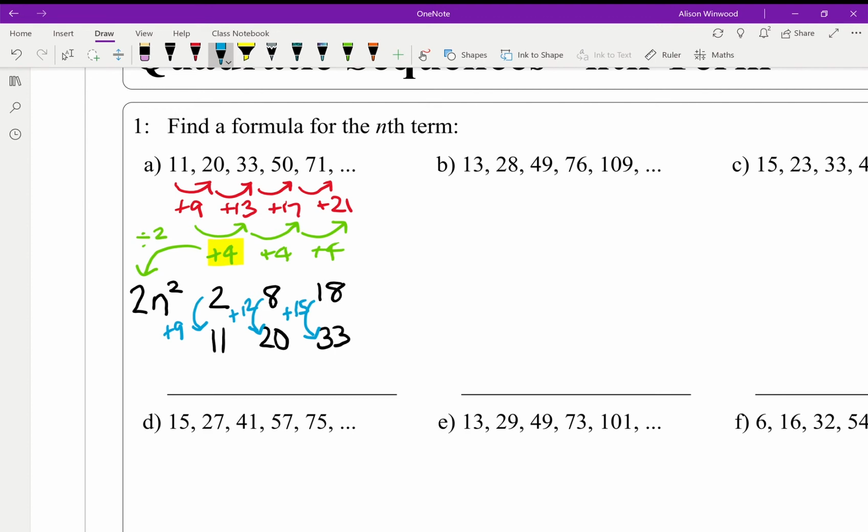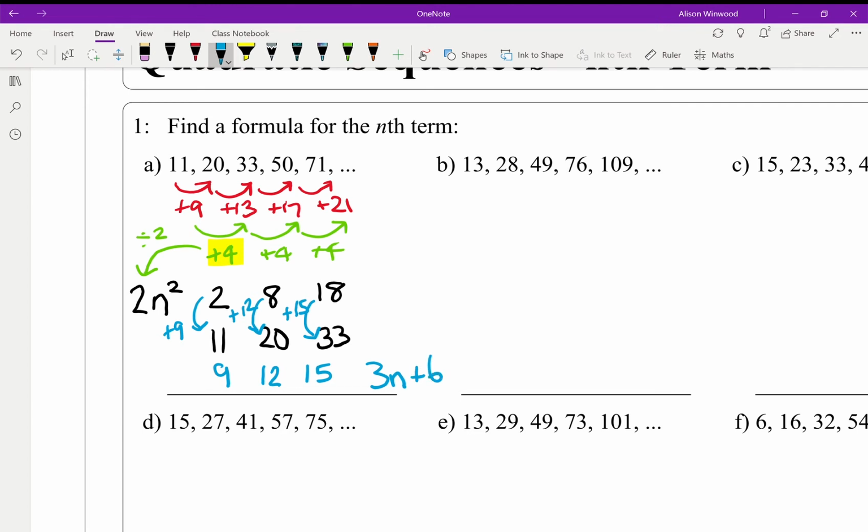Now if I look at these blue numbers, 9, 12, 15, they're going up by 3s. And this is a sequence that I can find its nth term from, because it's going up in 3s, so it must be 3n. But it starts at 9, 3 add 6 gives me 9.